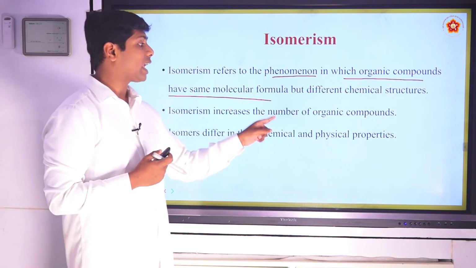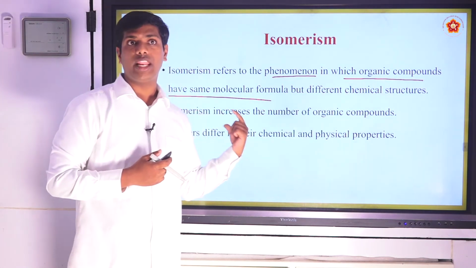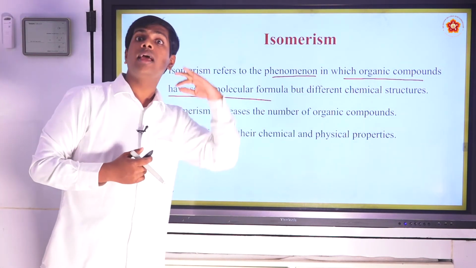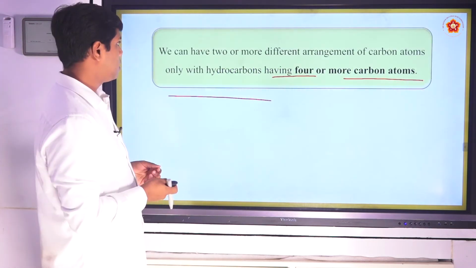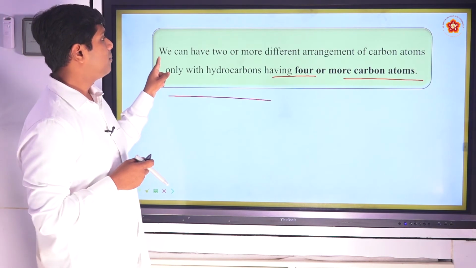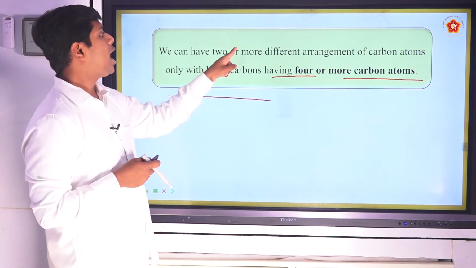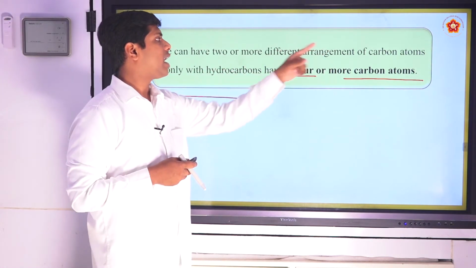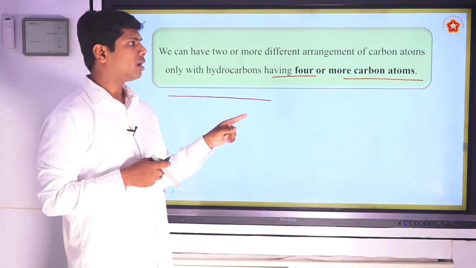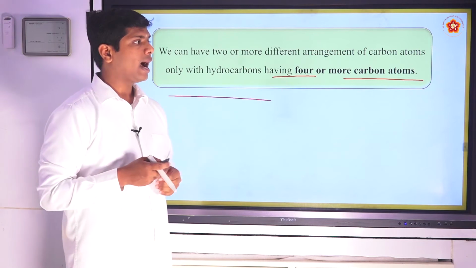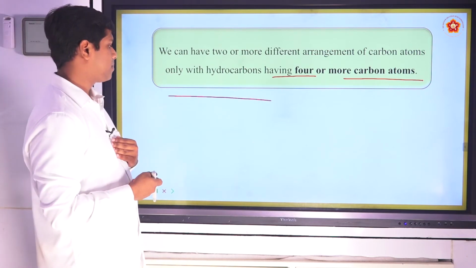Isomers differ in their chemical and physical properties. Very important point. They differ in their chemical as well as physical properties. We have two or more different arrangements of carbon atoms only with hydrocarbons having 4 or more carbon atoms.